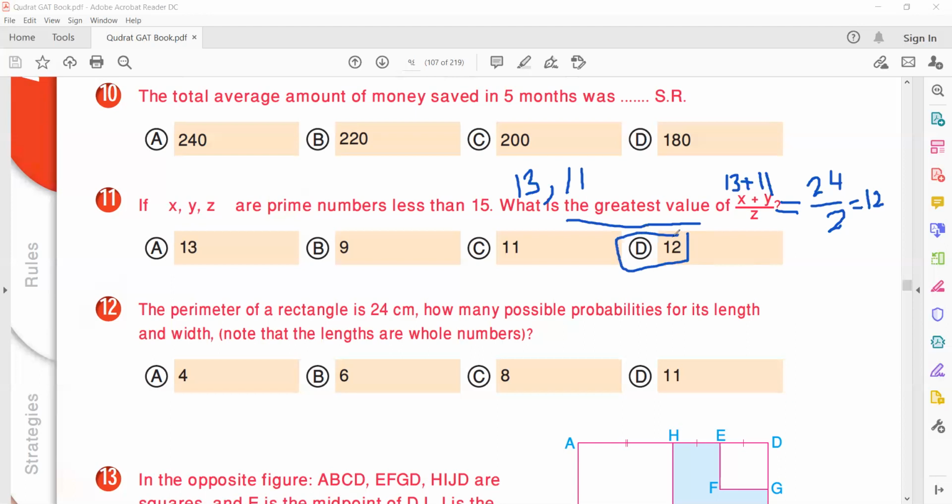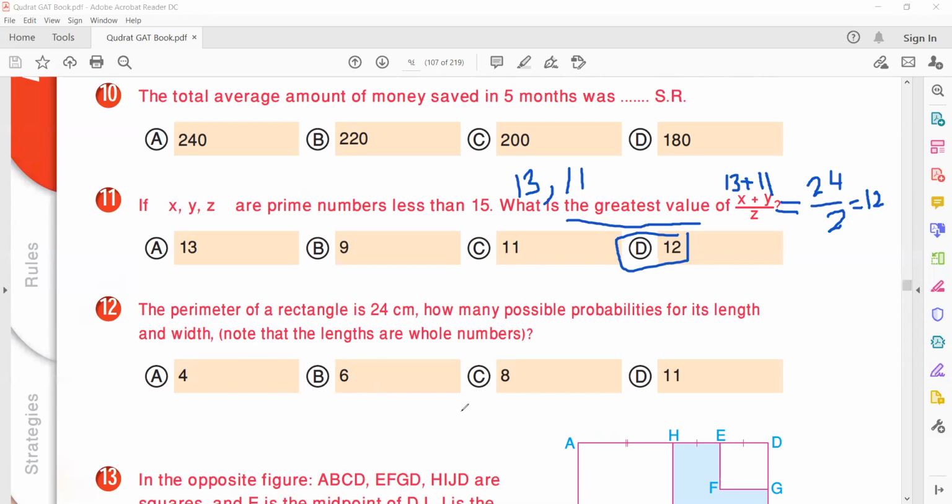Right. We will take number 12. He said the perimeter of a rectangle is 24 centimeters. How many possible possibilities for its length and width? Note that the lengths are whole numbers. He wants length and width.